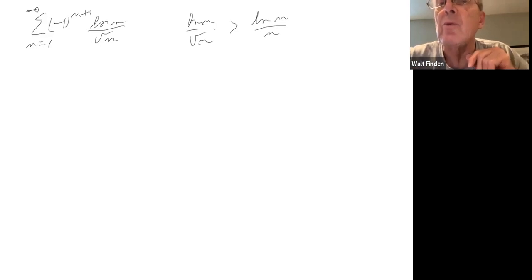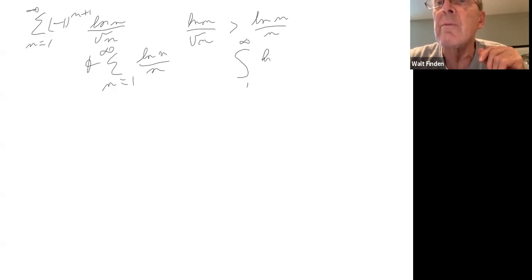And so we're using the comparison test, and whether summation n equals 1 to infinity of natural log n over n is convergent or not can be determined by the integral test. So we're going to have the integral from 1 to infinity of natural log x over x.